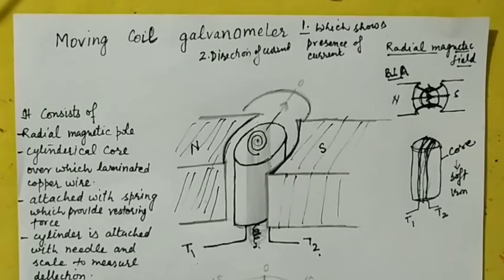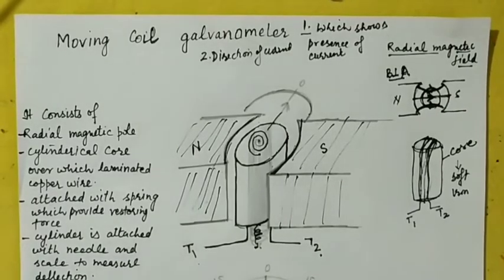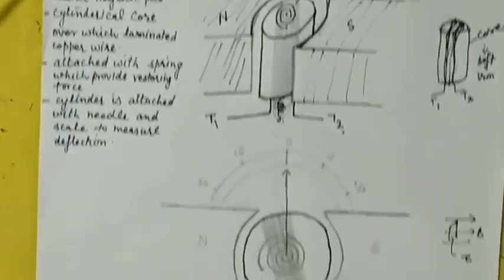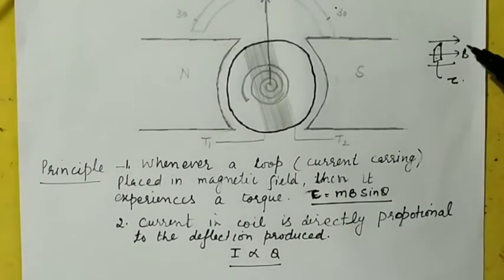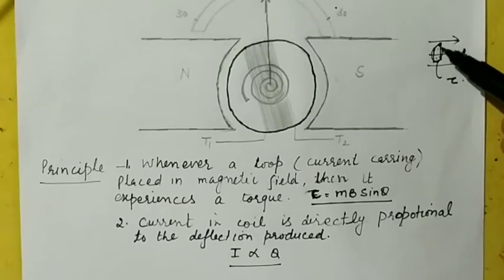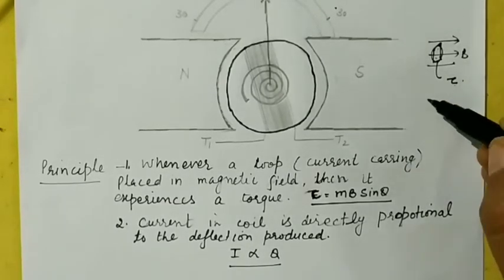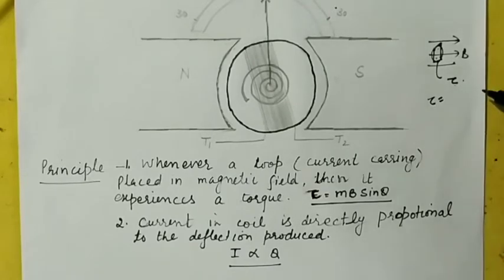Now, let us first discuss the principle of the moving coil galvanometer. We already know that whenever any loop is placed in a magnetic field, this loop will experience a torque, and the torque is given by MB sin theta, where theta is the angle between the magnetic dipole moment and the magnetic field.